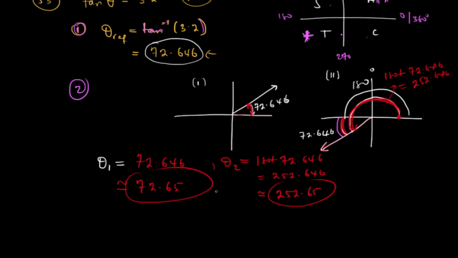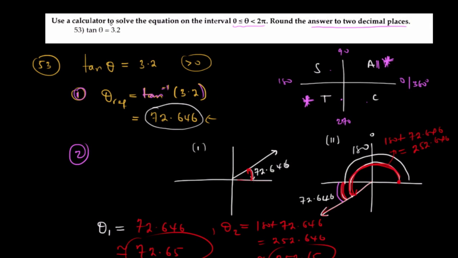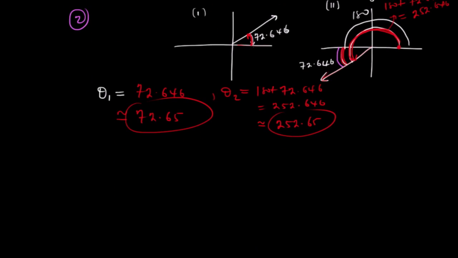Now you might be a little puzzled: could this be true? Let's confirm. You recall, our answer must be such that the tangent of the angle is 3.2. So the tangent of theta must be 3.2, and we want to check.